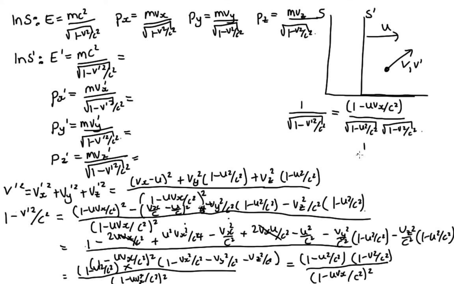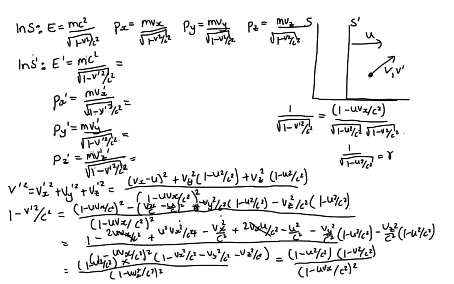And previously we were saying that 1 over the square root of 1 minus u squared on c squared is equal to gamma. So that'll make it a bit faster to write everything out. So now we've got the expression for this part, and we've just got the mc squared here. So now we can substitute this in here to simplify this expression.